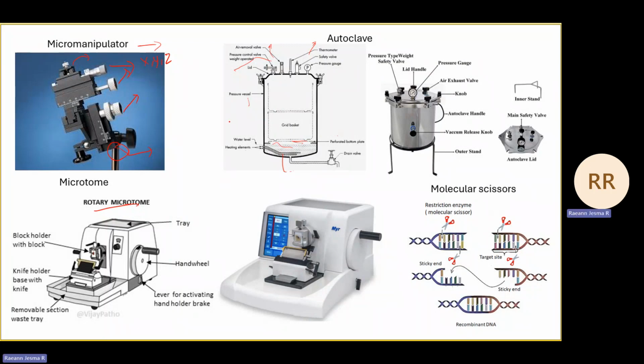However, in an autoclave, we will work at a pressure which is 15 to 20 psi greater than the atmospheric pressure. Pressure is proportional to temperature, so your temperature will also rise. Then the boiling point of water becomes around 121 degrees centigrade in this case. Since your boiling point is also increased, at this particular temperature it has been seen that most of the microorganisms get killed.